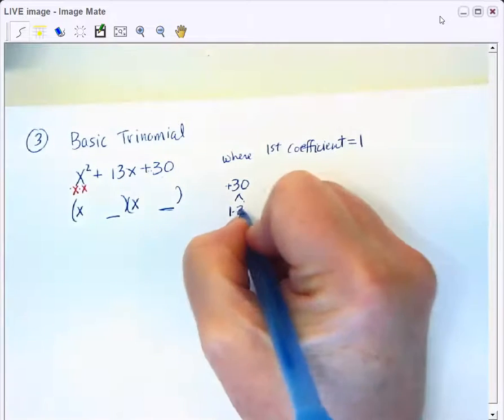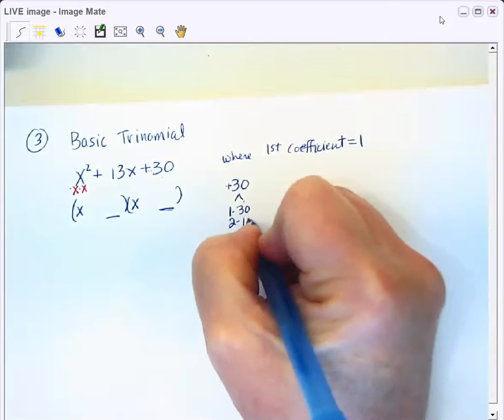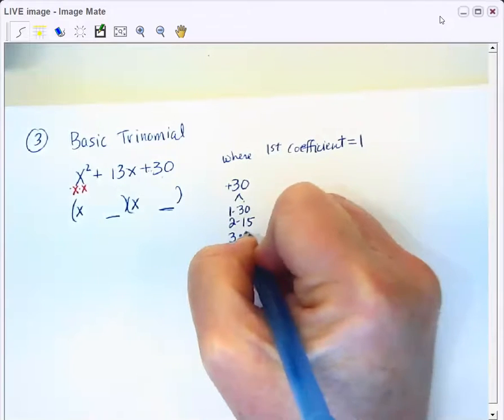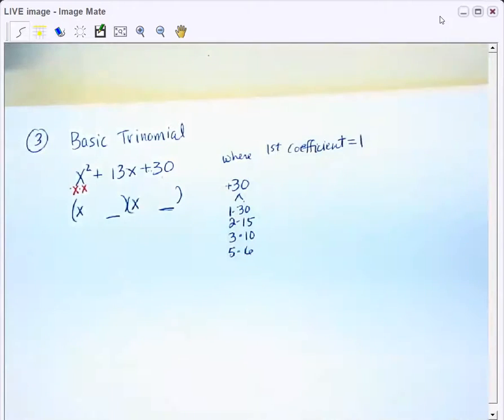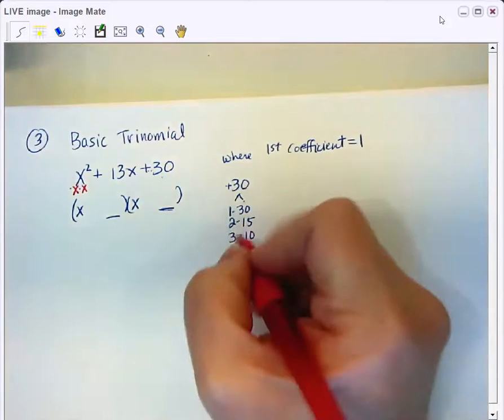So I have 1 times 30, 2 times 15, 3 times 10, or 5 times 6. Which one's going to add together to give me 13? Good. Nice. Yep, this one.